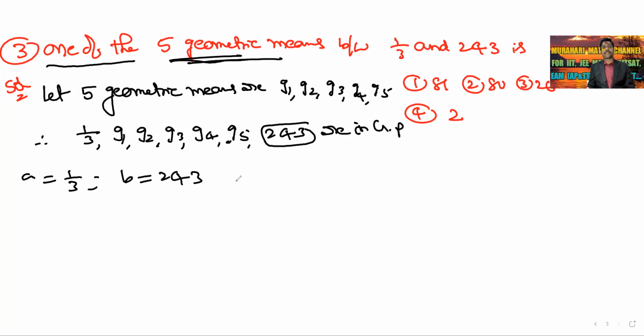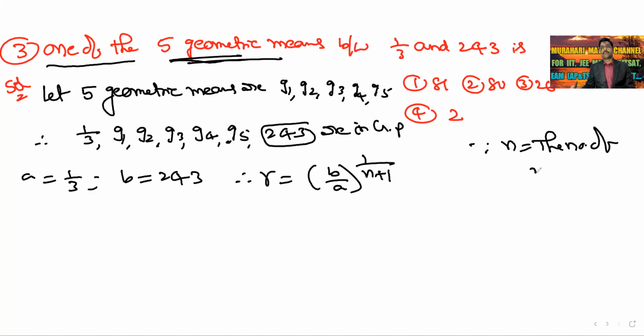and the last term B is equal to 243. Okay, we have a direct formula for the common ratio: (B/A) to the power 1/(n+1), where n is the number of geometric means. The number of geometric means given is 5. So n is equal to 5.